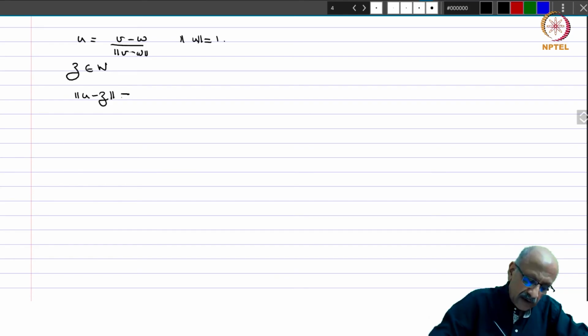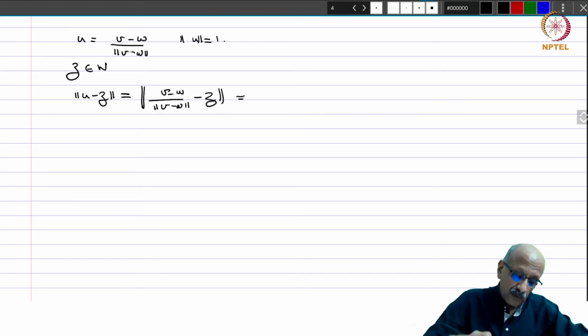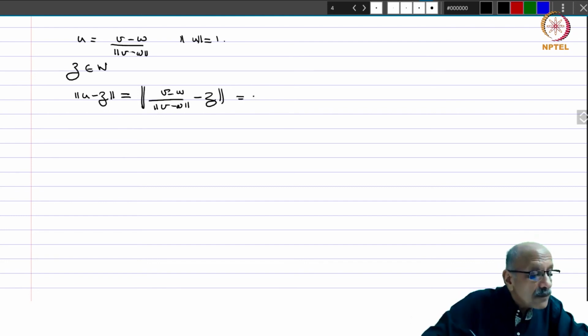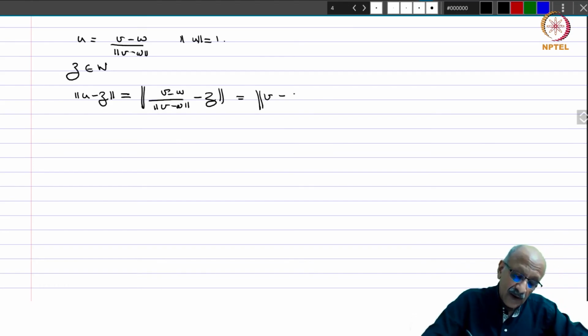Norm of u minus z is norm of (v minus w) by norm of v minus w minus z, which is equal to norm of v minus, I am going to club all the terms, it says w plus norm v minus w times z, the whole thing divided by norm v minus w.